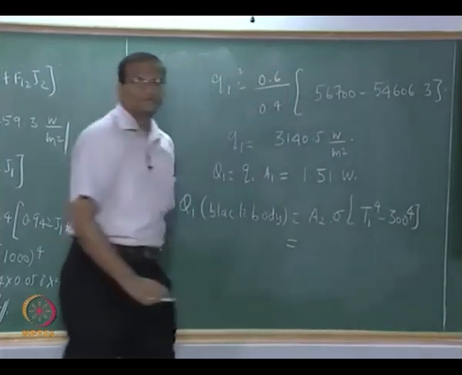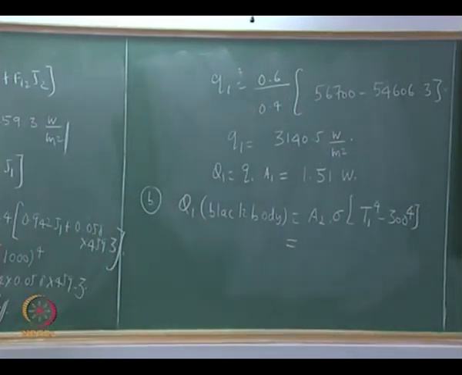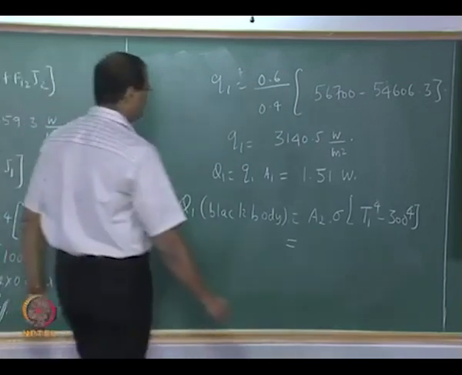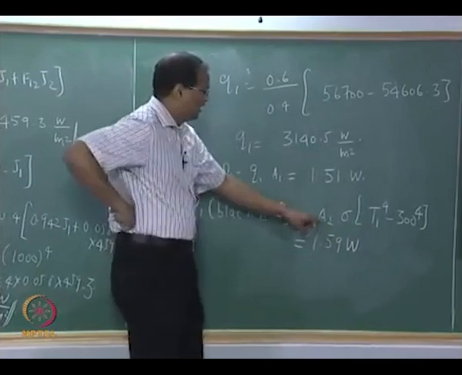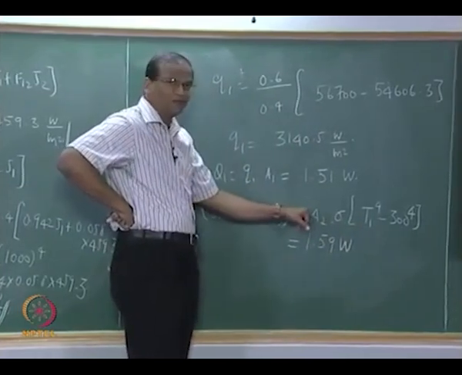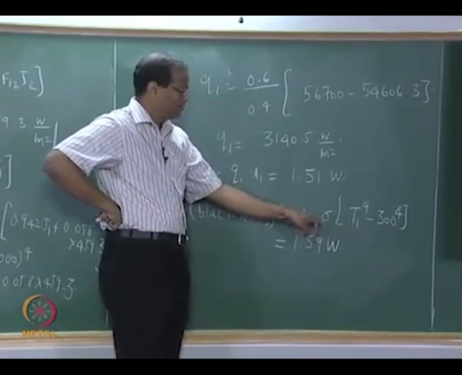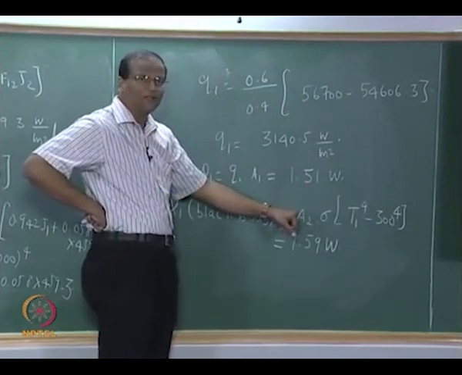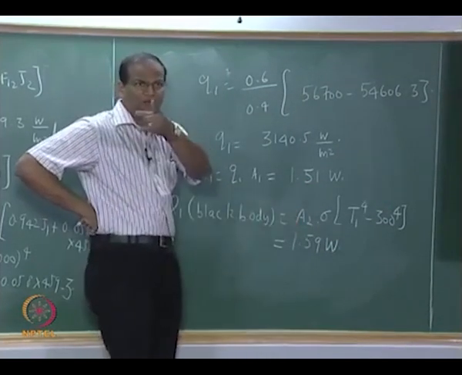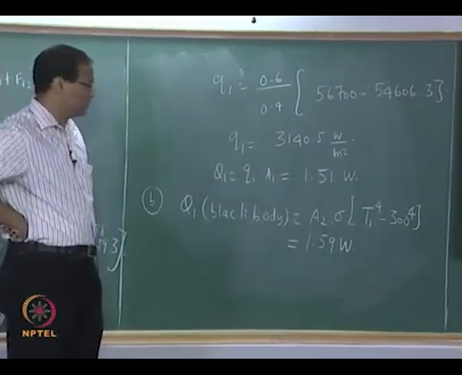how much is this, okay, 1.59 watts, okay. A2 is the area of the opening, pi d square by 4, where d is 6 millimeter, Stefan Boltzmann constant, 1000 Kelvin minus 300. Please be careful to multiply only the area A2 because that is from the definition given in the part B of the question.